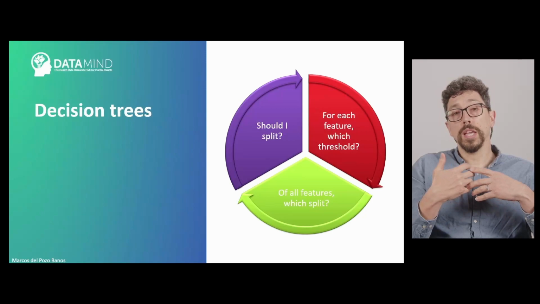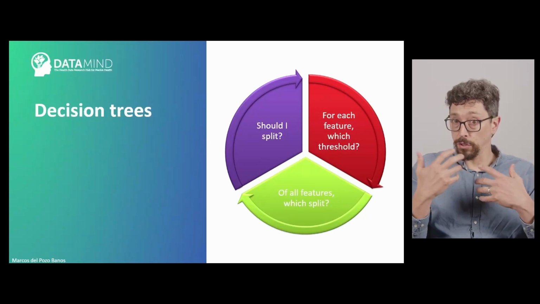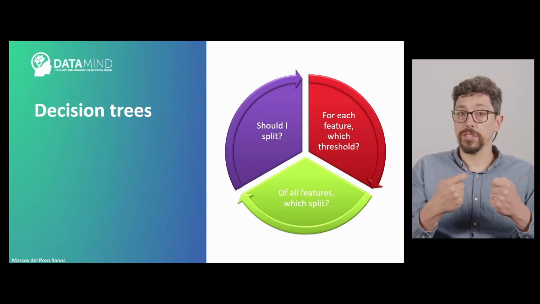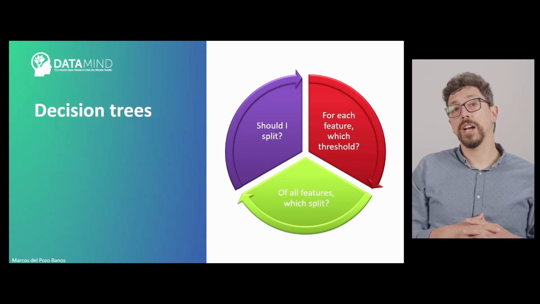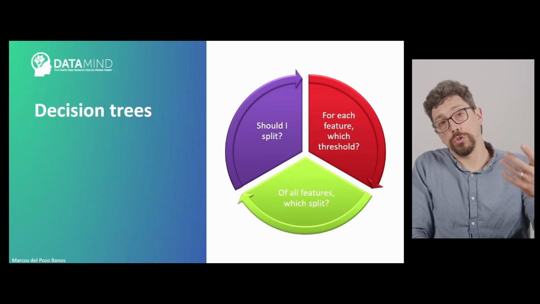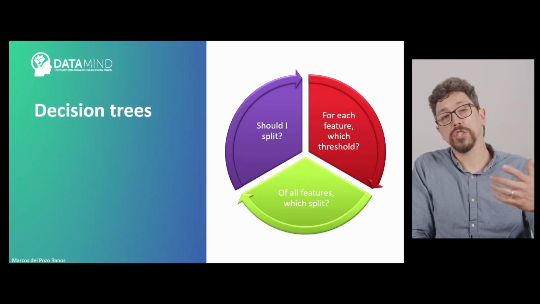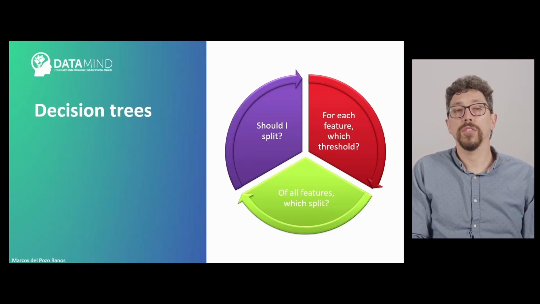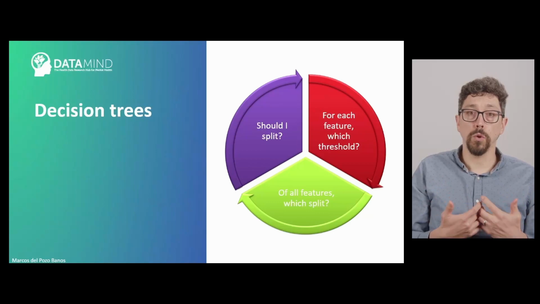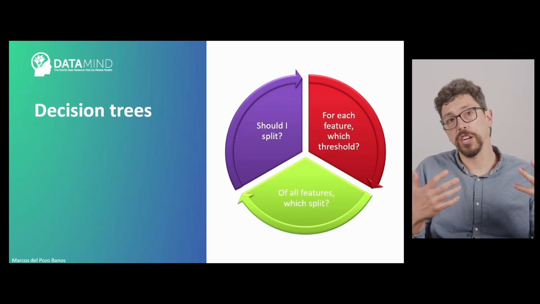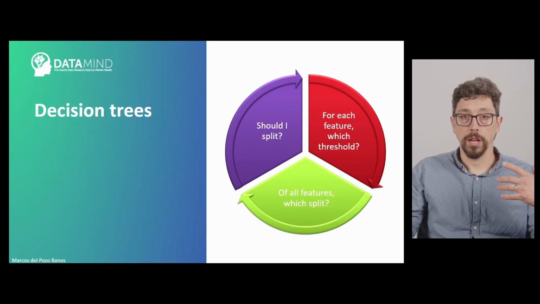Then, based on the findings of this step, we compare the splits across all the features and decide which of the features we want to use for the split. So which of those splits is the most convenient to us. And then finally, we decide whether we want to go ahead with the split or not based on certain criteria, which we will talk about later.